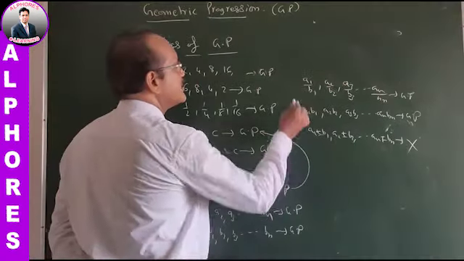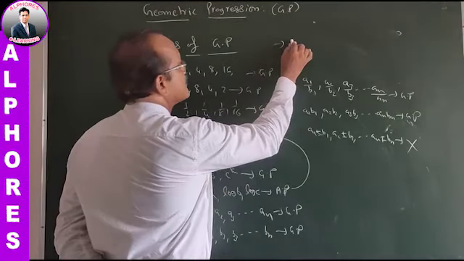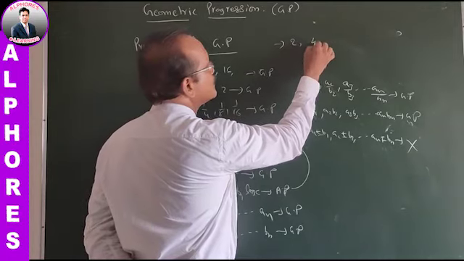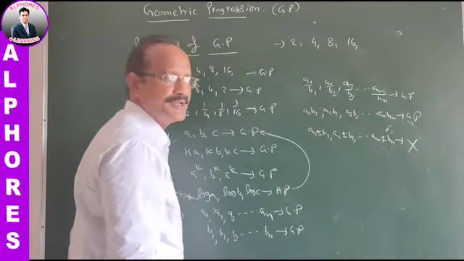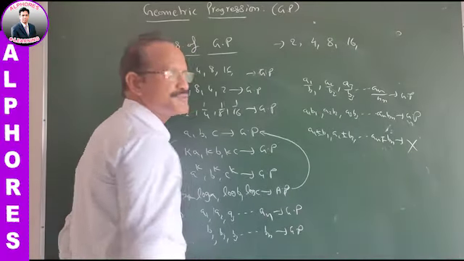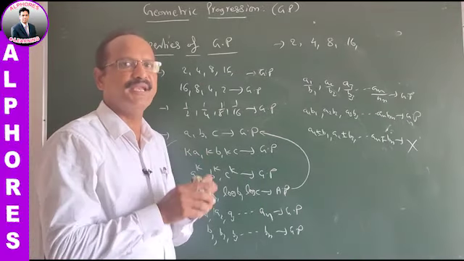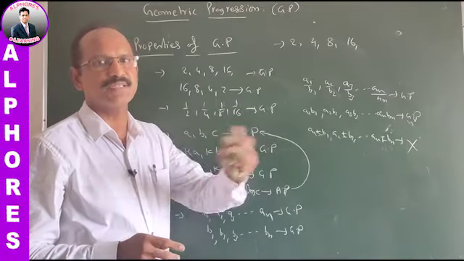Next, coming to the next property. Suppose I take a geometric progression 2, 4, 8, 16 in GP. Then the product of the terms which are equidistant from the beginning and the ending is always the same and is equal to the product of the first and the last.